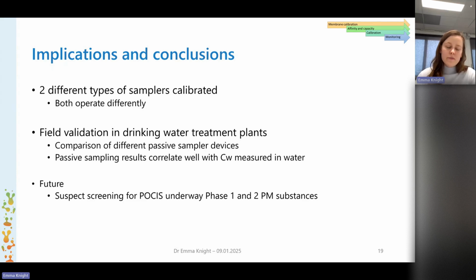And then future-wise, we're also going to look at the POCEs extracts that we have for suspect screening for both phase 1 and phase 2 PM substances. And we may have started to see some interesting compounds already in that.